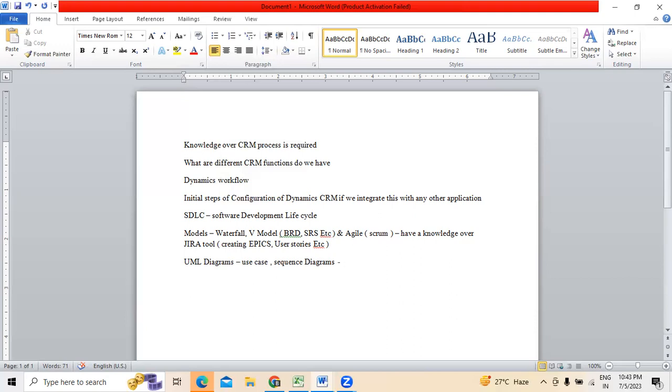Some people will have their own tool in a real environment, because every organization will have its own tools to prepare these diagrams. So that knowledge is also needed: preparing use cases and sequence diagrams for whichever project we are working on. That project knowledge is highly needed.